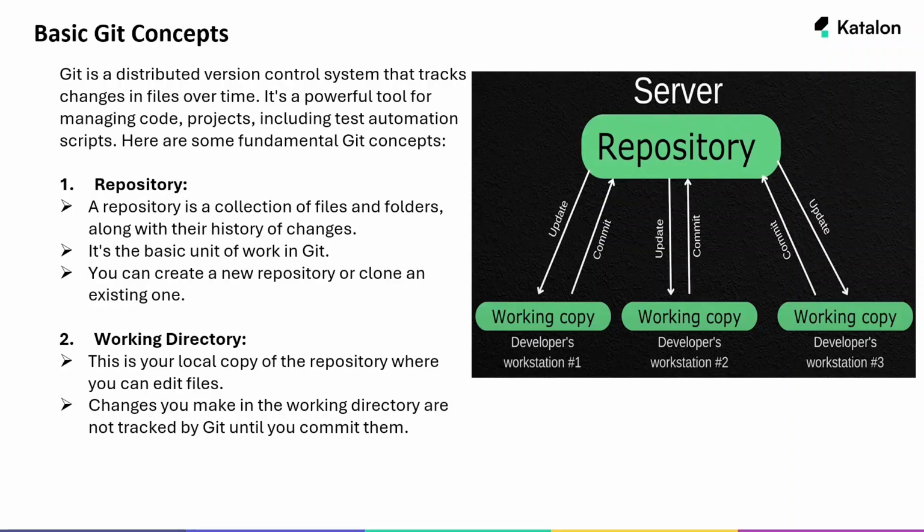So if you see the right side, you are working in your local copy. When you are working in your local copy, the Git repository won't track those changes. What you need to do? You need to commit those changes.